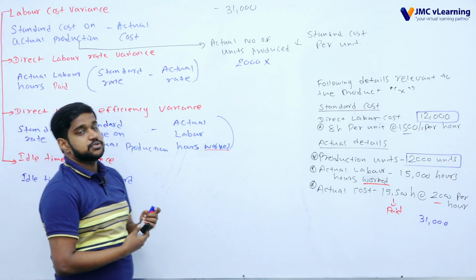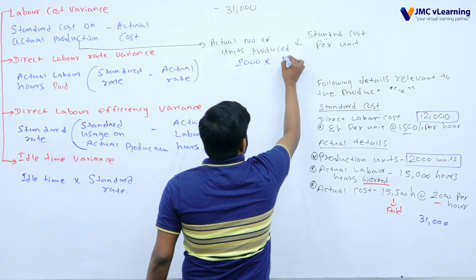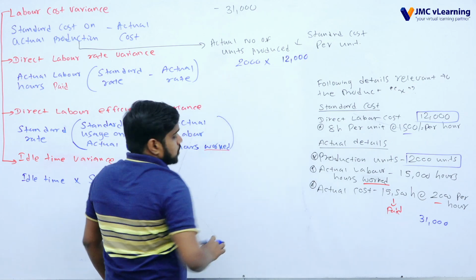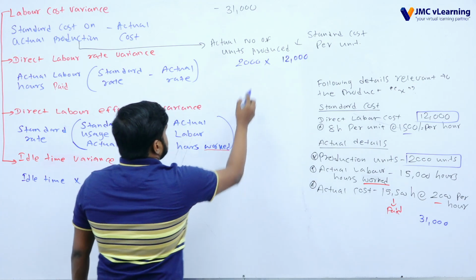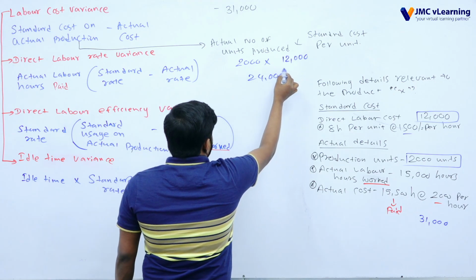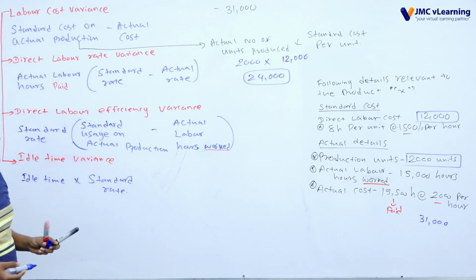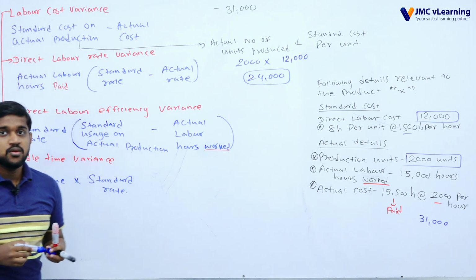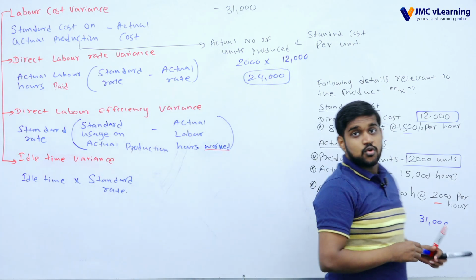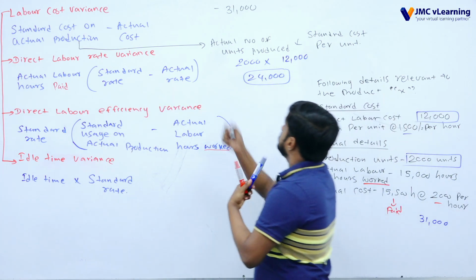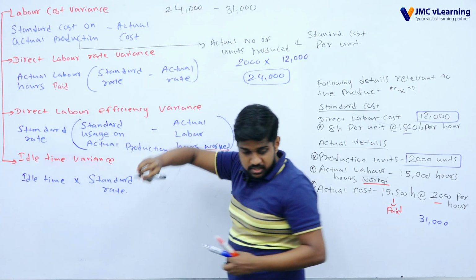Then 12,000 multiplied by 2,000, we can get 24 million. So the standard cost on actual production is 24 million. Then how can we get actual number of units produced multiplied by standard cost per unit? Then our standard cost on actual production is how much?